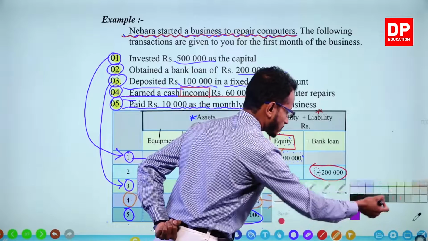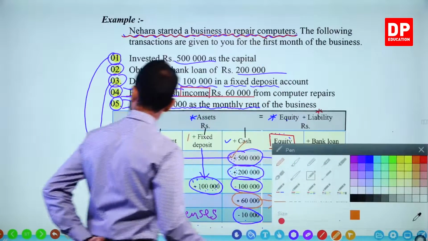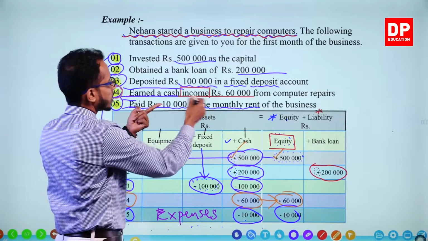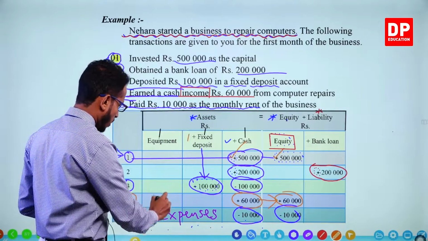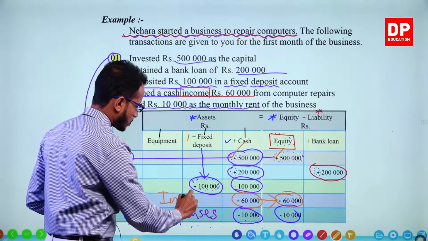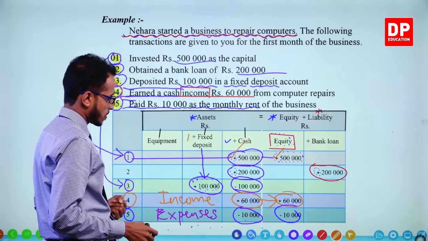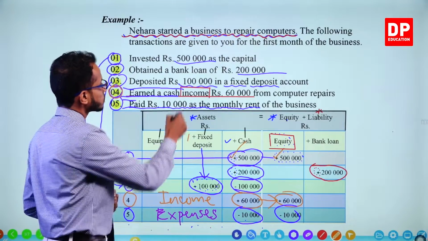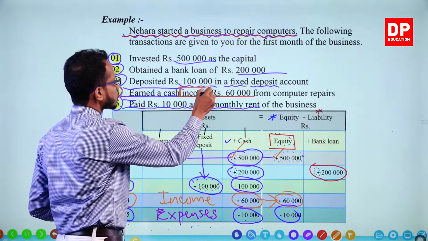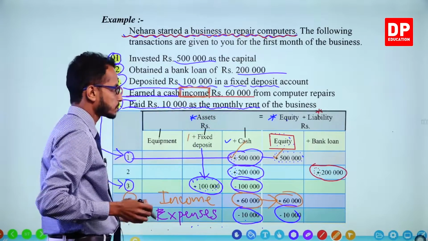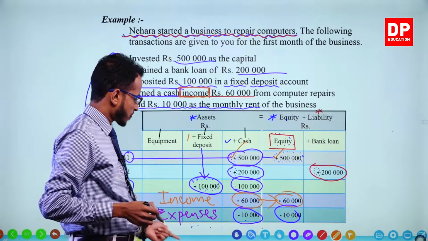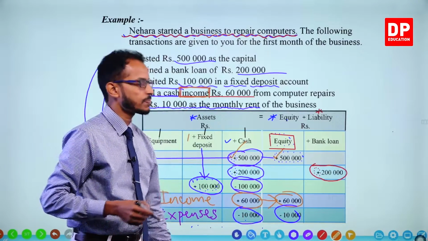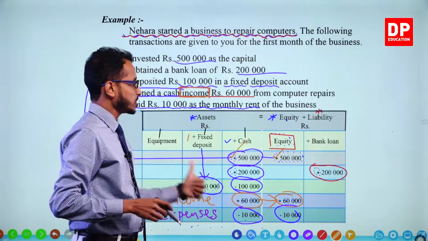Expenses. Fourth transaction, we have income. So fourth, I will write income. This one. Fifth transaction, fifth one, we had an expense, decreasing capital. Is that clear, children?